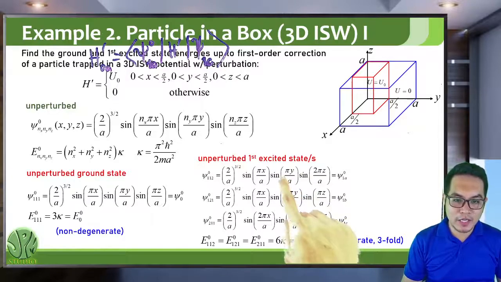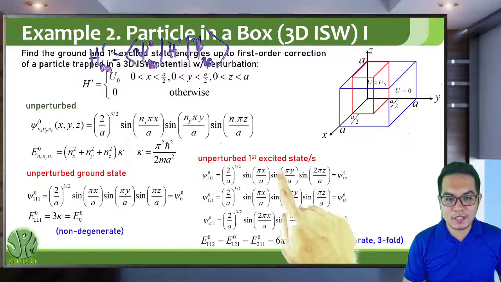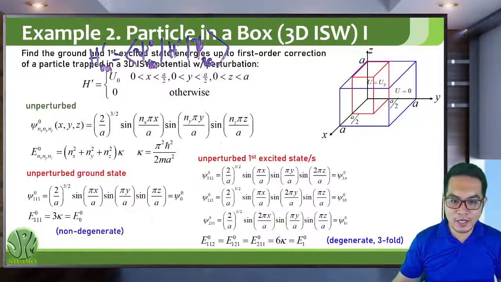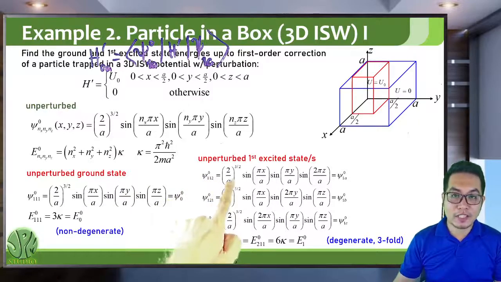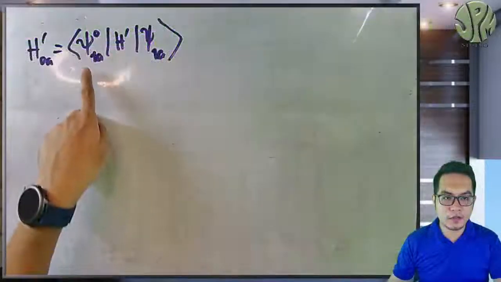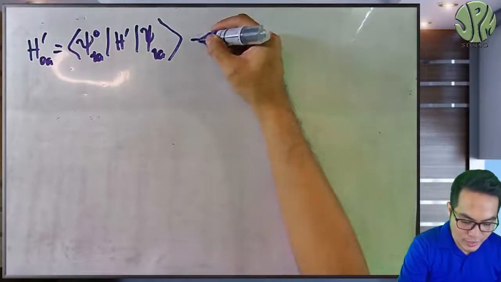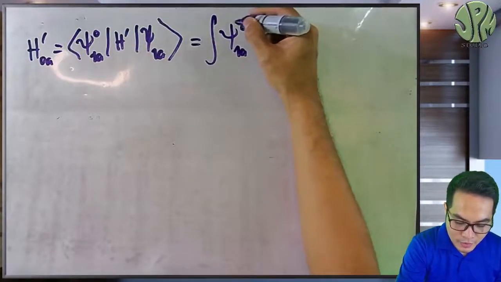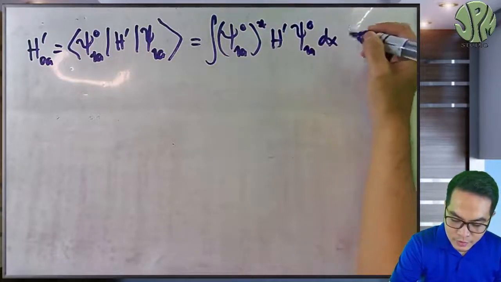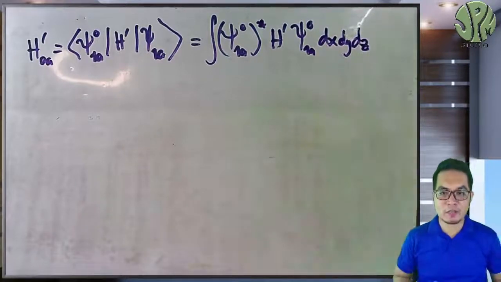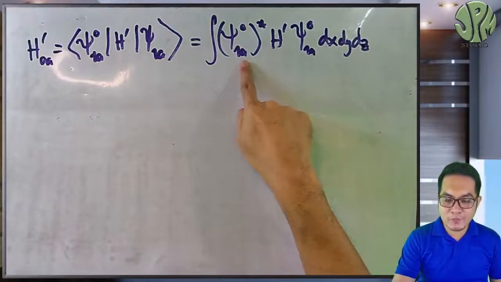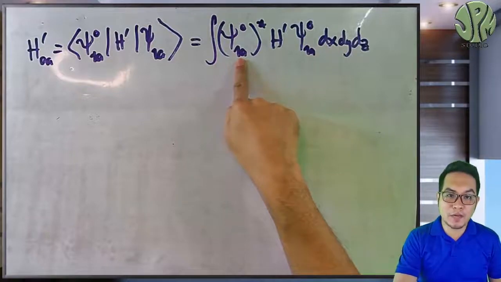So you take the integral of the conjugate of this times u naught times this one dx. Basically, you just get the square because there are no imaginary parts of the conjugate. So this is the integral of psi 1a conjugate H prime psi 1a dx dy dz in this case, because this is a 3-dimensional problem. Basically you just have psi 1a squared because the conjugate of psi 1a is just itself.